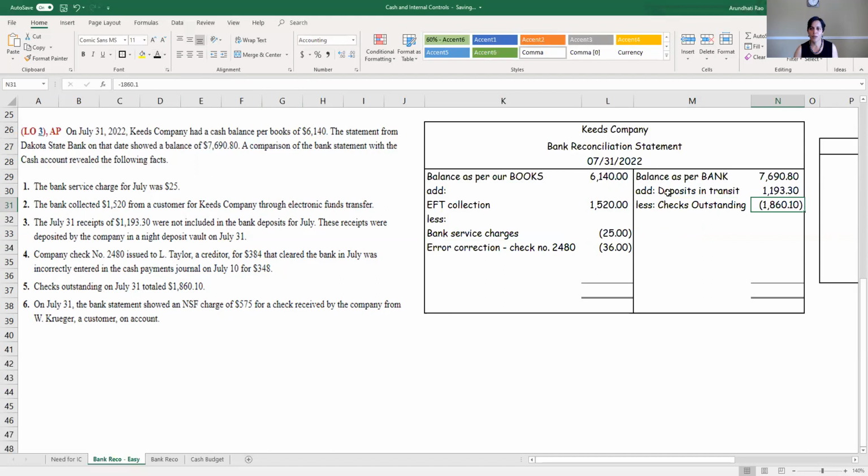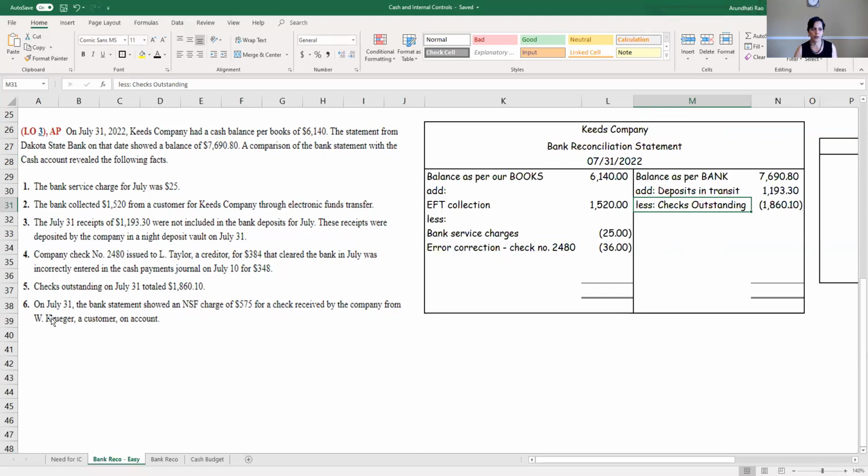Now, if they have given me details about deposits in transit and checks outstanding, for instance, if these represented 2 checks, one check was for $1,000, the other was for 860.10, I will list those individually over here so that the next month when I do a bank reconciliation statement, I can check from the previous month which checks have cleared or not. In this case, they've just given us a total amount and we will write that amount over here.